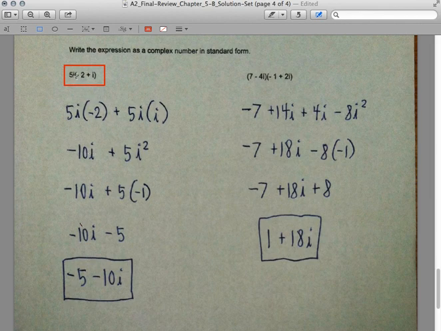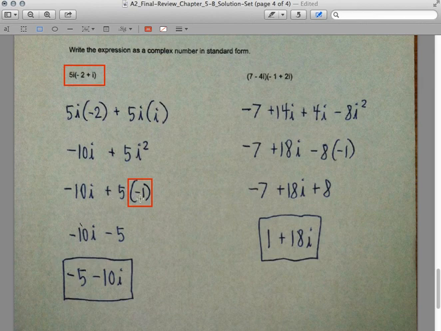Now, 5i times positive i is where we would get 5i squared from. We just reviewed that i squared has a real value, which is negative 1. So we can substitute negative 1 here for i squared. So instead of plus 5i squared, it's plus 5 times negative 1.